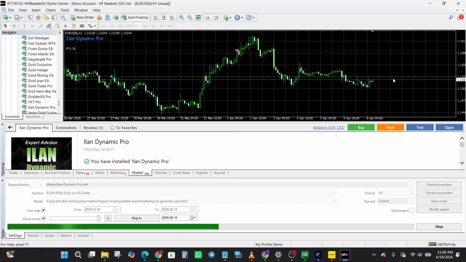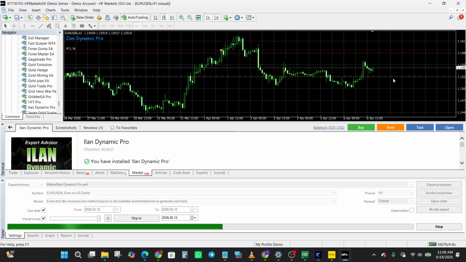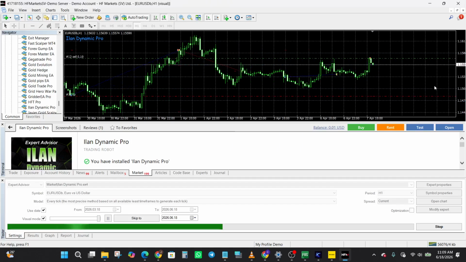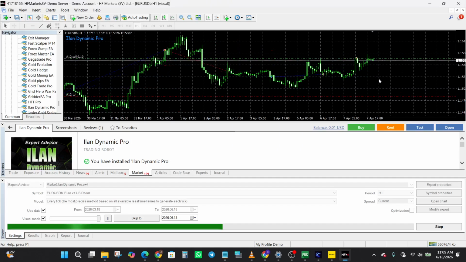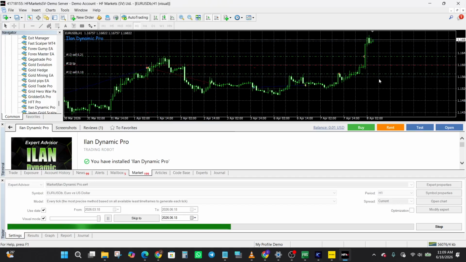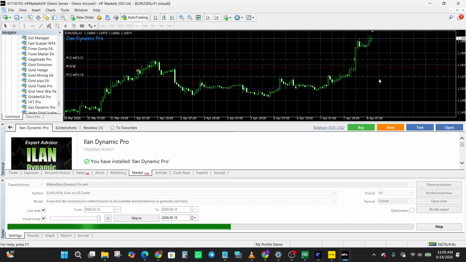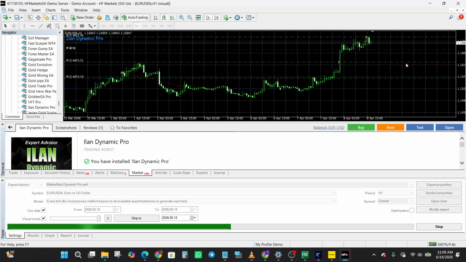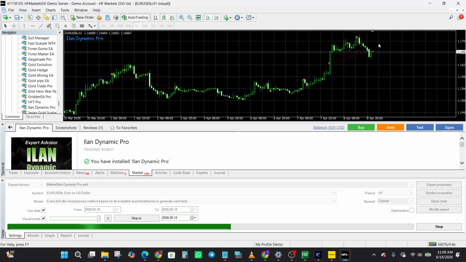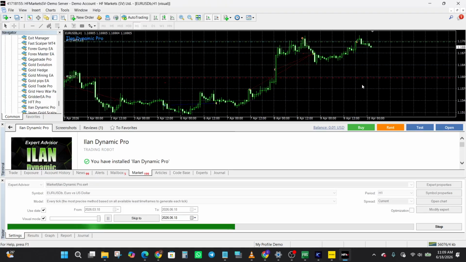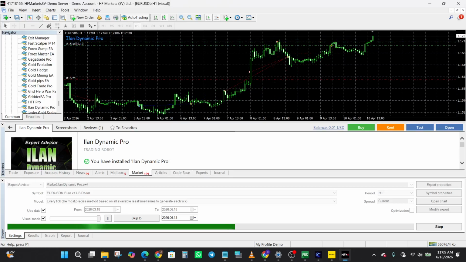So overall, the Ilan Dynamic Pro EA offers a flexible averaging based framework. As you can even see the averaging technique at play, as more positions are added, the TP level is modified according to the averaging dynamics.